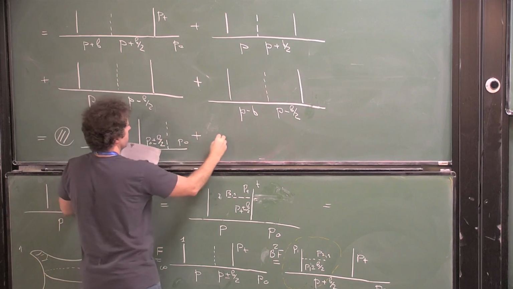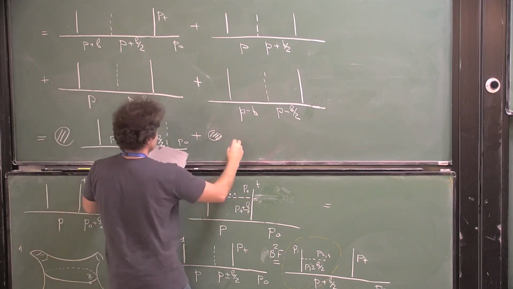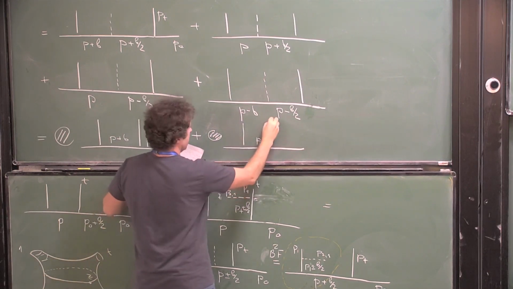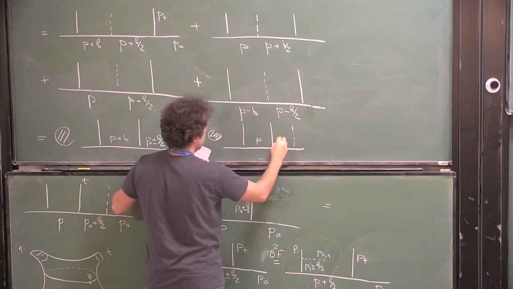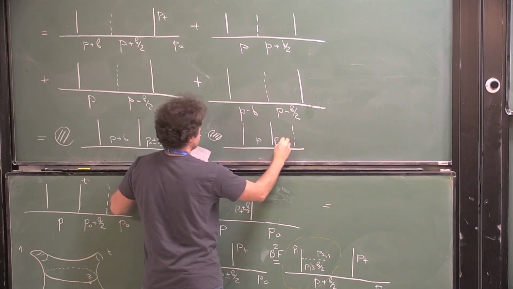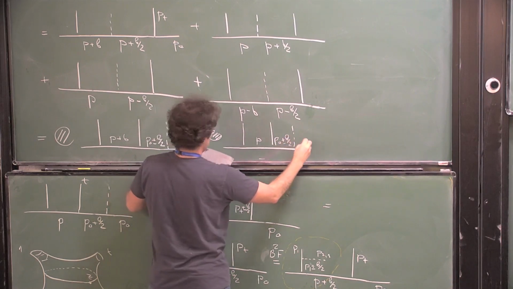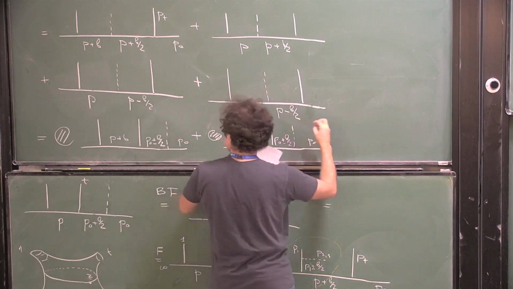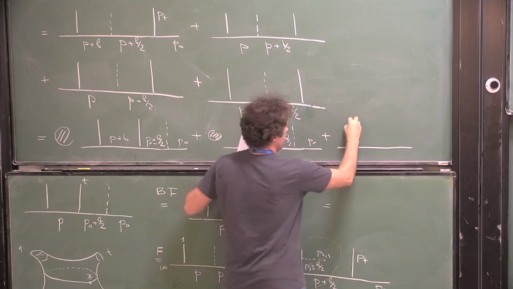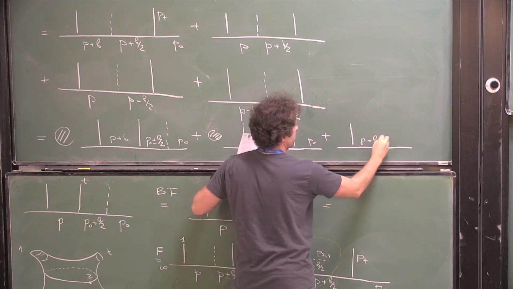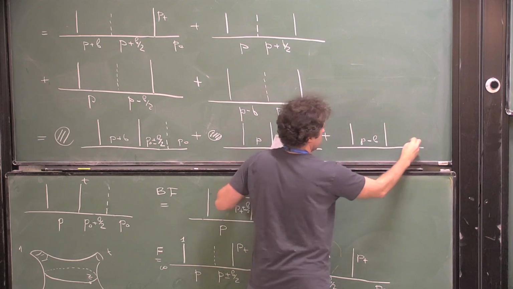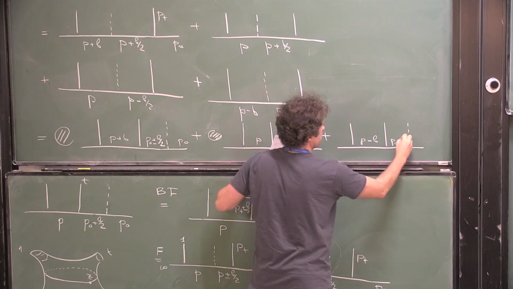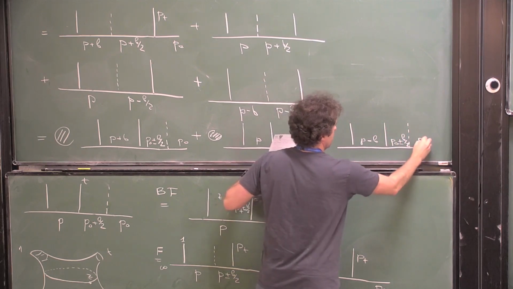We are going to have a contribution where we have p on the internal line and again p naught plus or minus b over 2 and p naught over here, and finally plus the same thing with p minus b for the internal dimension. p naught plus or minus b over 2, p naught.